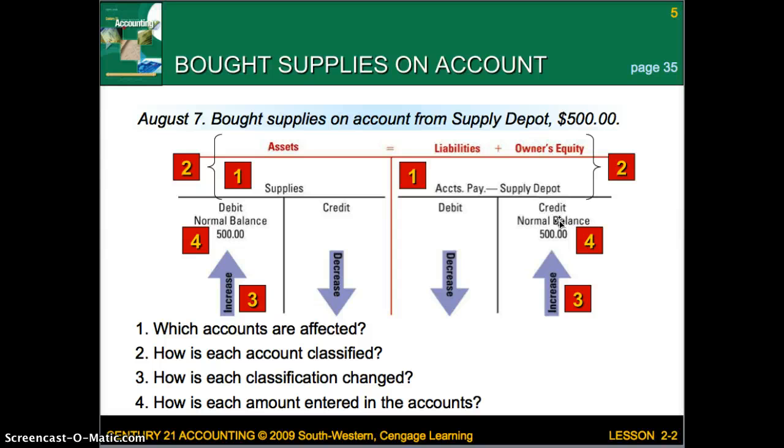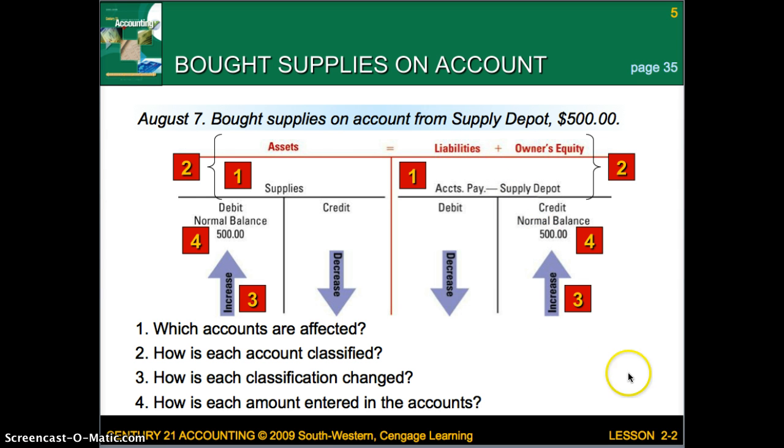Now my pile of what I owe is bigger. There's $500 worth of what I owe to them. So this can get a little confusing when you start getting into owing someone something, because you would think that maybe that would go down, but it doesn't. The amount that you owe them has increased. Okay, so you have a supplies debit of 500 and an accounts payable credit of 500.